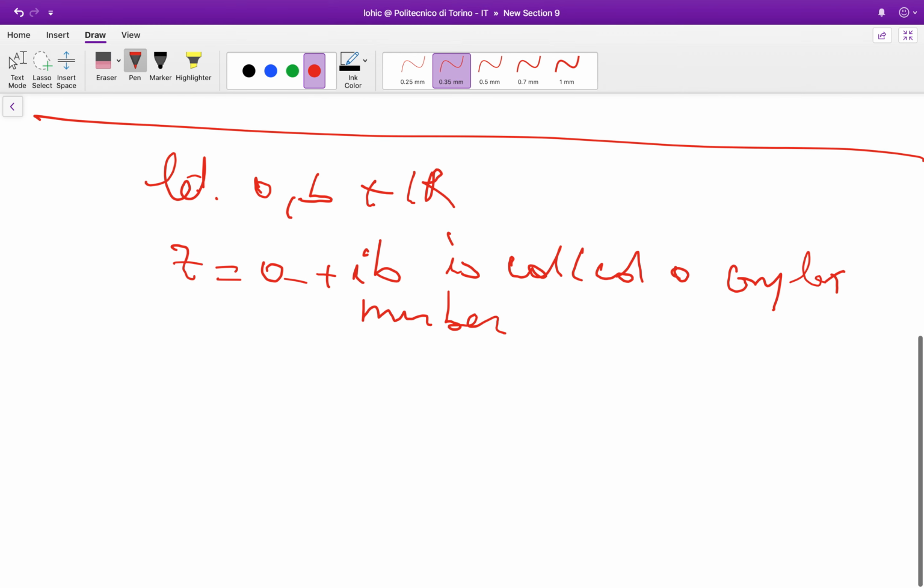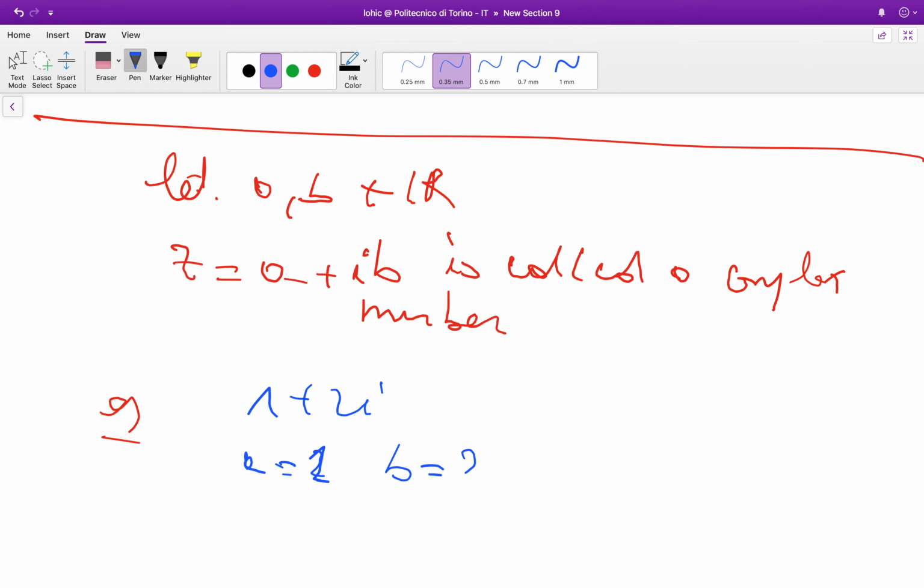An example of a complex number: 1 plus 2i. In this case, how much is a? a is 1, right? And b is 2. Another complex number, 1 minus i: a will be 1 and b will be minus 1, right?